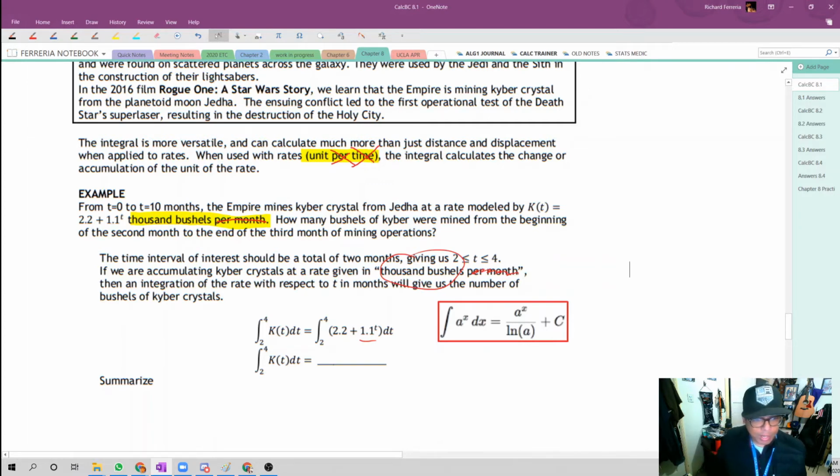So when I integrate here, the antiderivative of 2.2 is 2.2t, plus the antiderivative of 1.1 to the t, which is 1.1 to the t power divided by the natural log of 1.1, evaluated from 2 to 4.